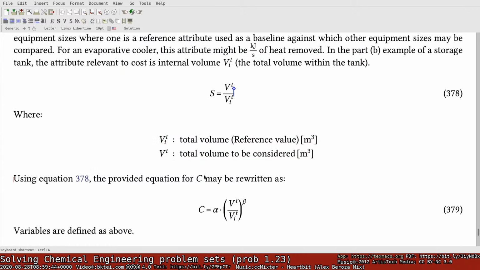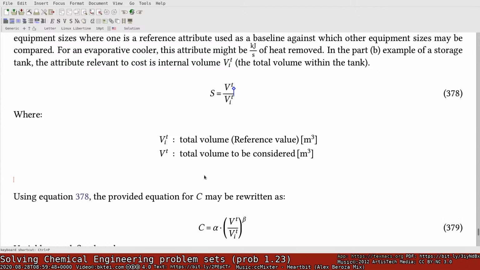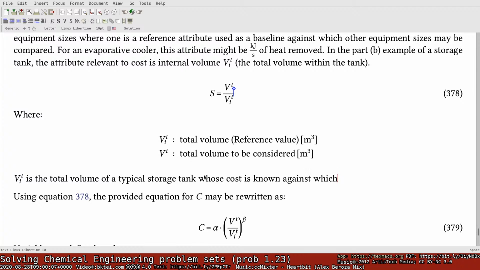I guess I should say that. V sub I T is the total volume of a typical storage tank whose cost is known, against which other storage tanks are compared.